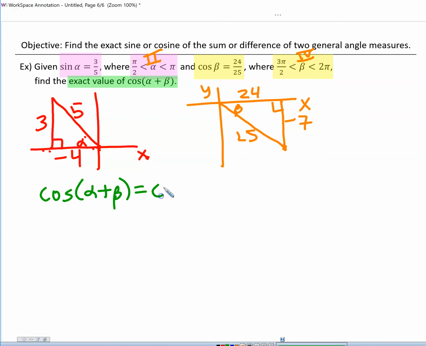That would be cosine alpha, cosine beta, minus sine alpha, sine beta. And now we are going to replace each of those 4 with the ratios that come from our triangles. So cosine of angle alpha, here's my alpha, would be adjacent over hypotenuse. So that's negative 4/5.